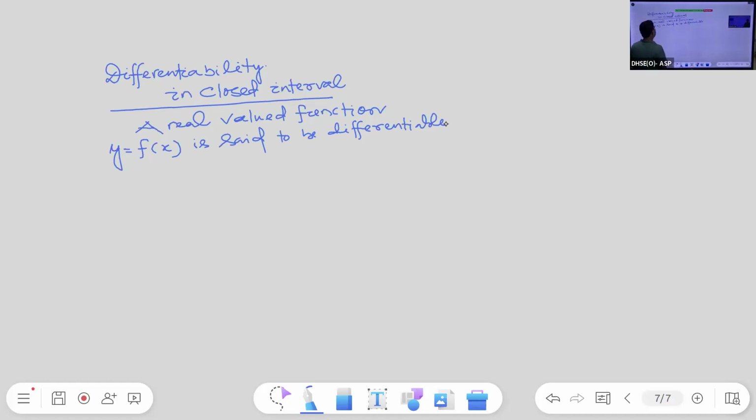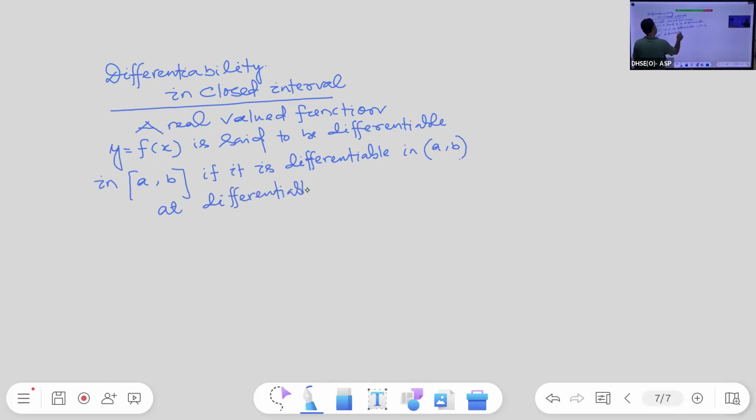A real valued function y is equal to f of x is said to be differentiable in closed interval AB if it is differentiable in open interval AB and differentiable at endpoints A and B.